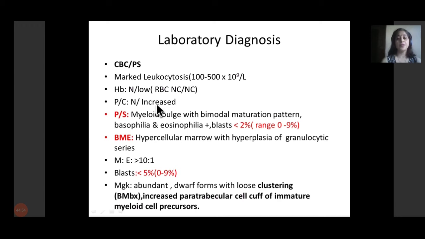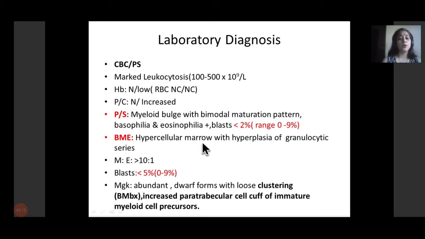As it's a myelomegakaryocytic stem cell proliferation, you can see thrombocytosis. There's a myeloid bulge with bimodal maturation pattern, as I told you, with basophilia, eosinophilia, and blasts which are less than 2%, ranging from 0 to 9% for the chronic phase.